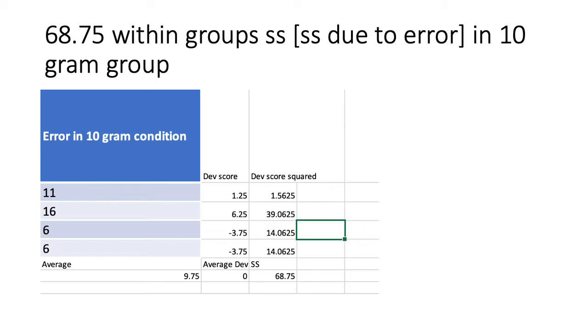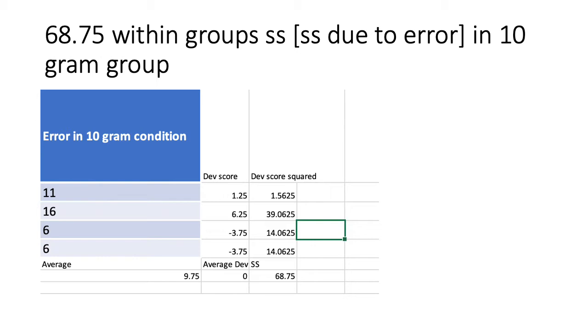I do the exact same thing for my 10-gram condition. I find the average of these numbers, which is 9.75, and then I find the deviation of each score from 9.75, so 11 minus 9.75, 16 minus 9.75, 6 minus 9.75, 6 minus 9.75, to get my deviation scores.